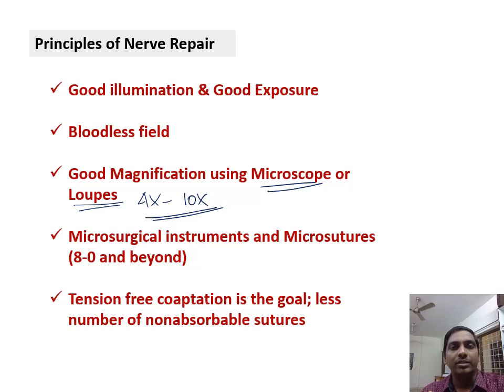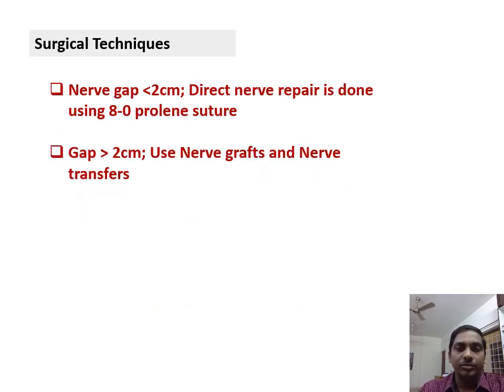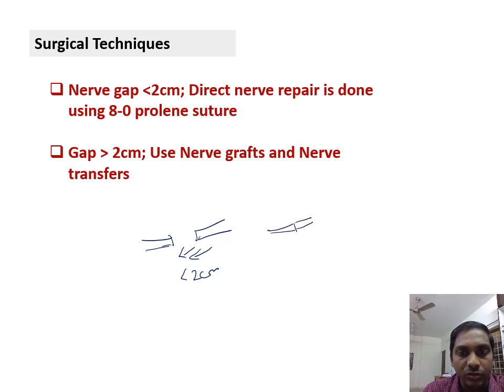So to prevent that, fewer sutures are needed to achieve the perfect anastomosis. When this is the cut end of the nerve and this is the other cut end, if the distance between the two nerves is less than 2 centimeter, you can directly bring the nerve ends together and anastomose like this.